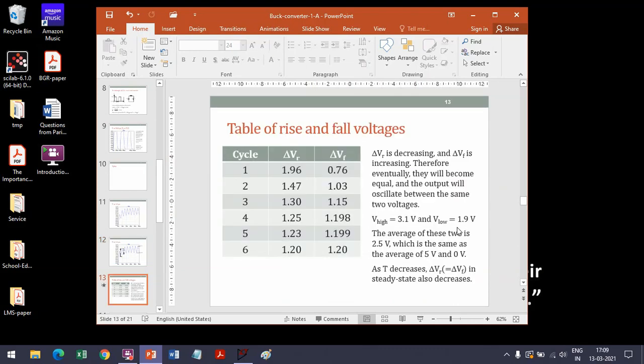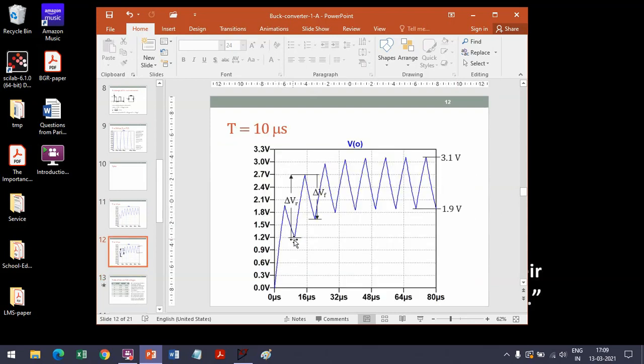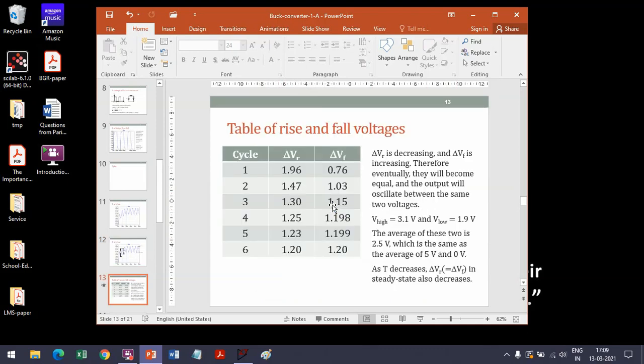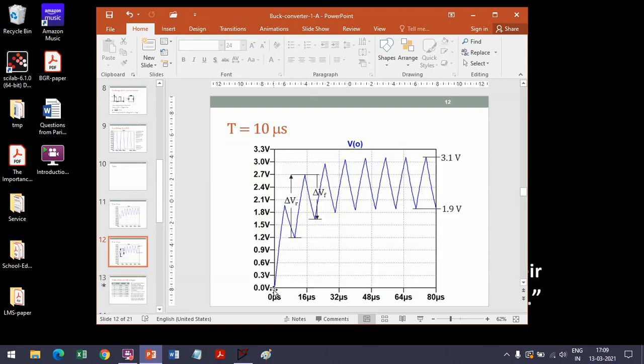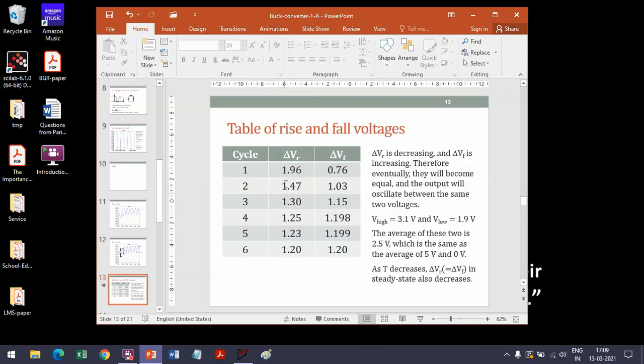Alright, now what I have done here is made a table of the cycle. So this is the first cycle, this is the second cycle, this is the third cycle. Alright, so for each cycle I have actually measured and tabulated the values of delta VR and delta VF, the rising voltage and the falling voltage. What we see here is that the rising voltage magnitude is highest in the first cycle. Alright, we can see here 1.96 volts in the first cycle.